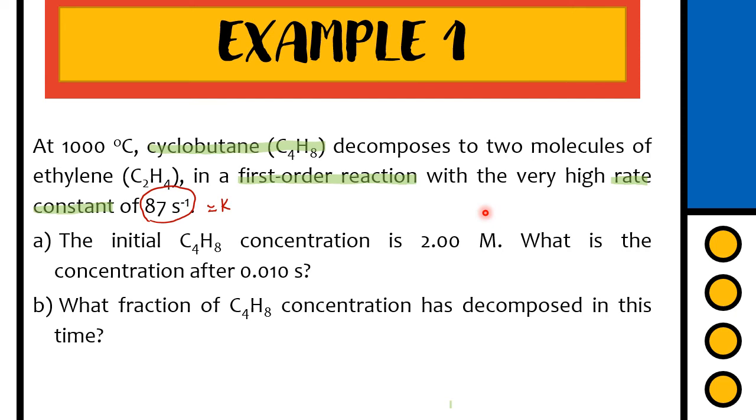Since it's a first order reaction, all the equations will revolve around first order, meaning we have to use the integrated rate law for the first order reaction, and if there's any question about half-life, we will also use the first order equation. Question B: what fraction of the cyclobutane concentration has decomposed in this time?